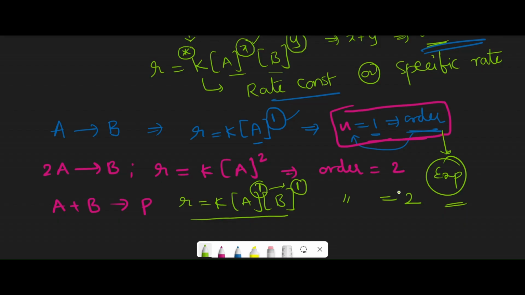Clear? So as per the experimental data, first of all we have to calculate the rate law, and based on that rate law we have to calculate the order of the reaction. So I am assuming this is the experimental rate law, and based on this I am calculating the order of the reaction.